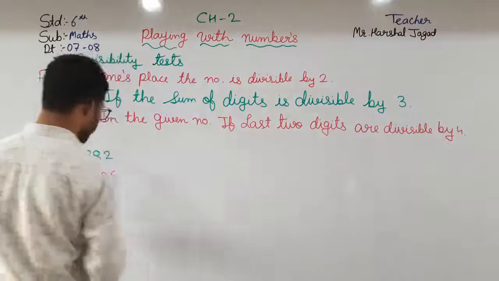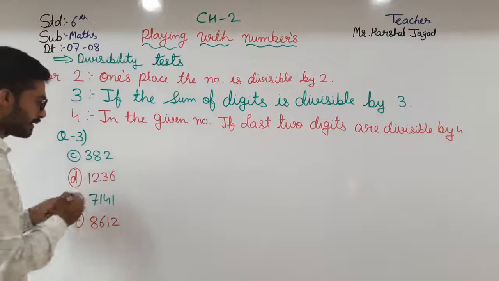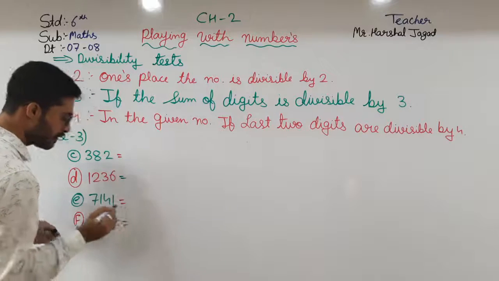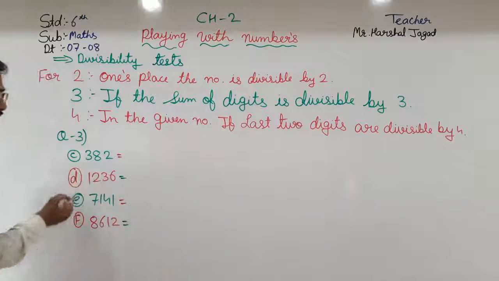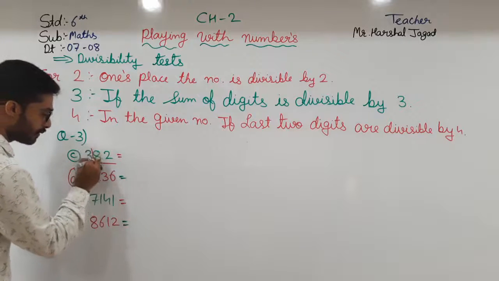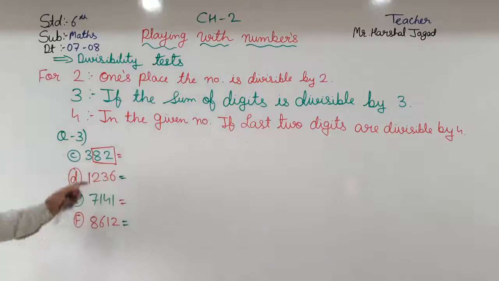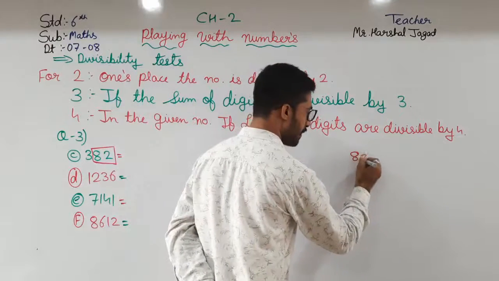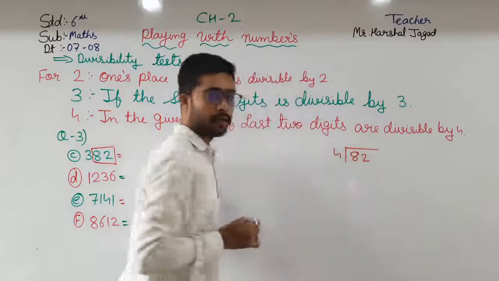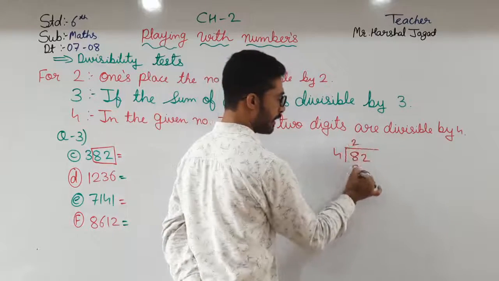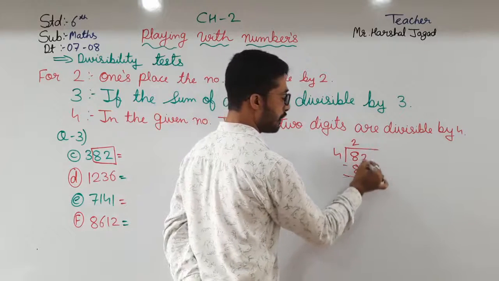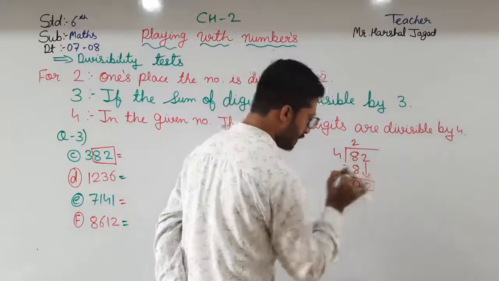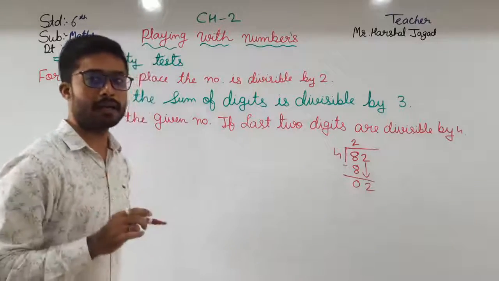So let us check. First of all, the last two digits in the first number, that is 82. Let us check whether 82 is divisible by 4 or not. 4 2s are 8, then 0 comes, and this 2 comes down. But you can see that this is not divisible by 4.